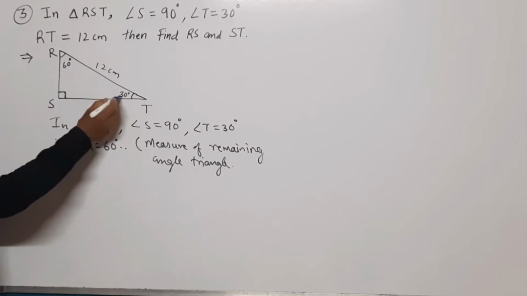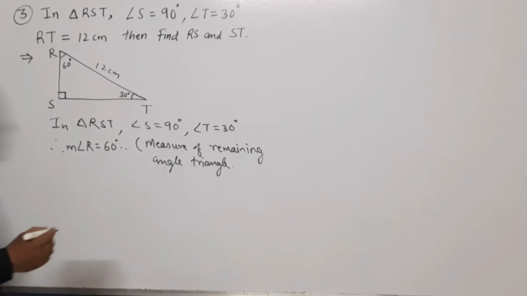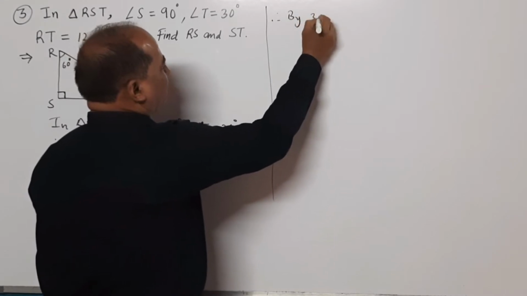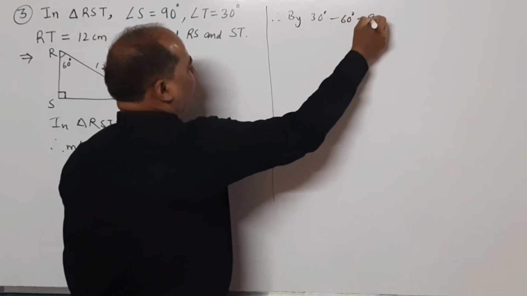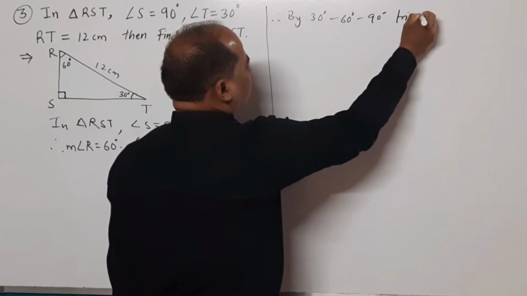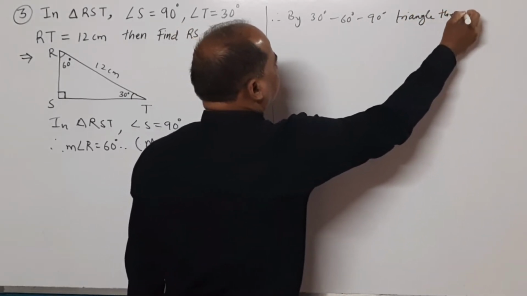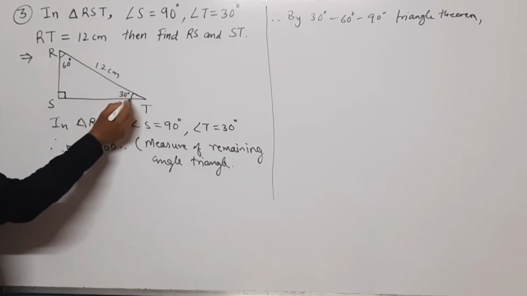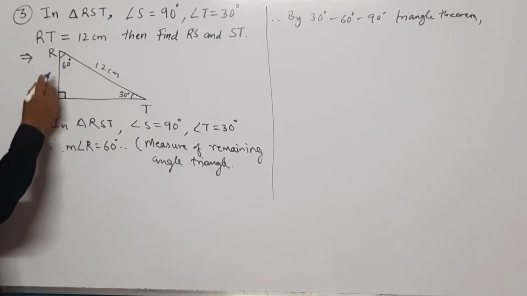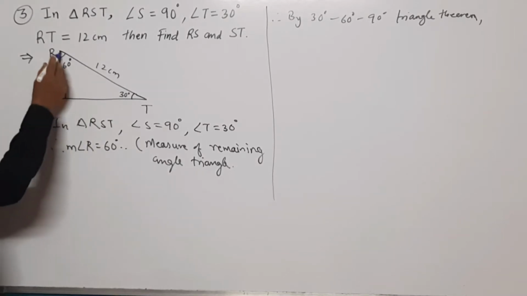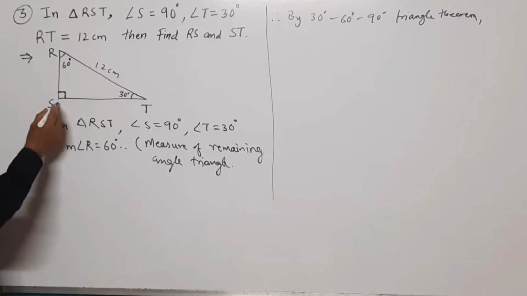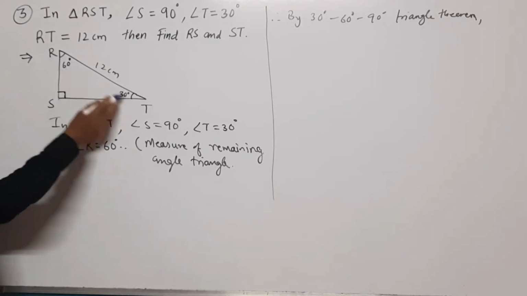So by the 30-60-90 degree triangle theorem, which tells us that the side opposite to 30 degrees, that is RS, is half the length of the hypotenuse. Here the hypotenuse is RT. And the side opposite to 60 degrees, that is ST, is equal to root 3 upon 2 times the length of the hypotenuse.